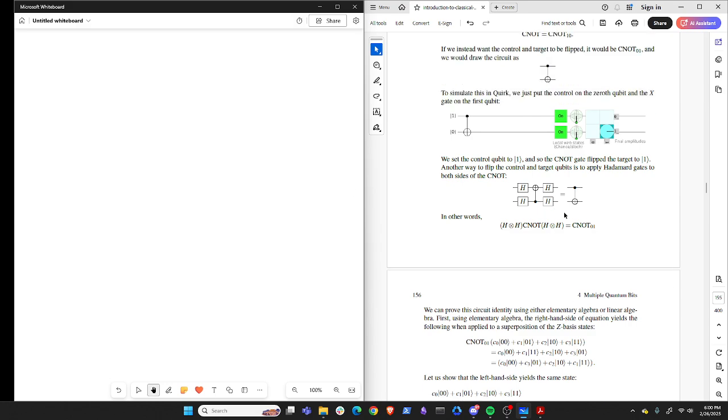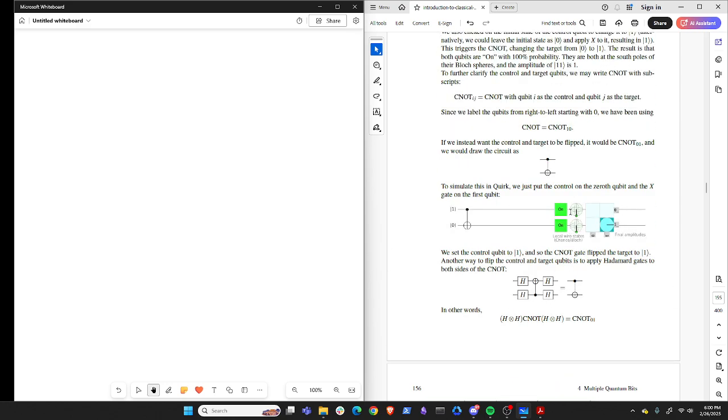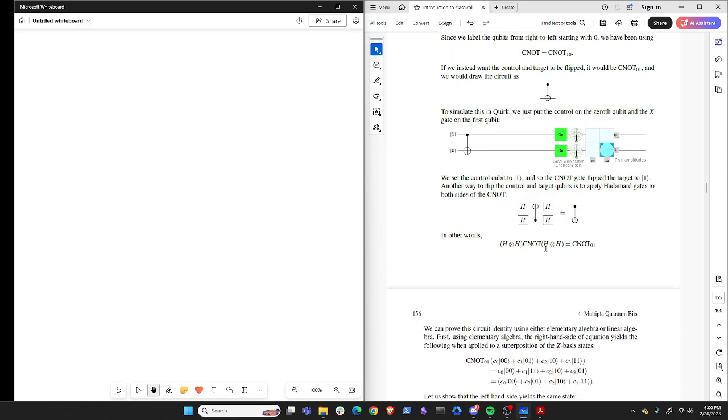We can also flip a control by inserting Hadamard gates before we reach our C0 gate.